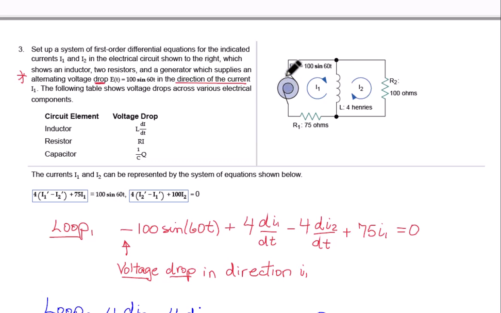And so they want me to figure out what the differential equation system would look like for this. Most of it's fairly easy. The only tricky part here is it says we have an alternating voltage drop, and the voltage drop, the key word there is drop, is in the direction of the current I1.